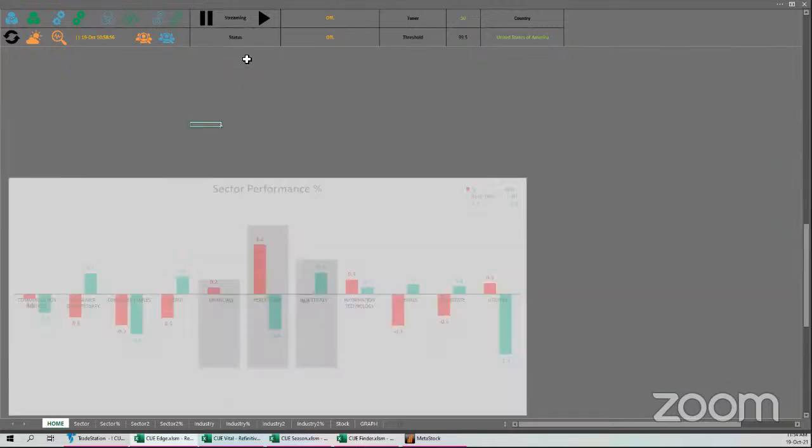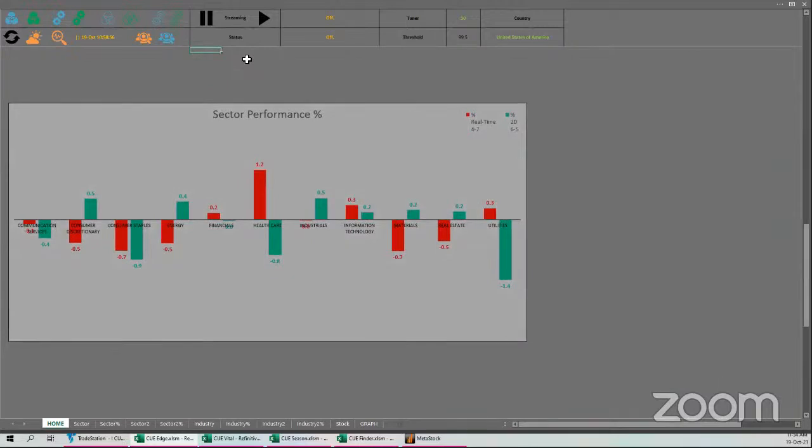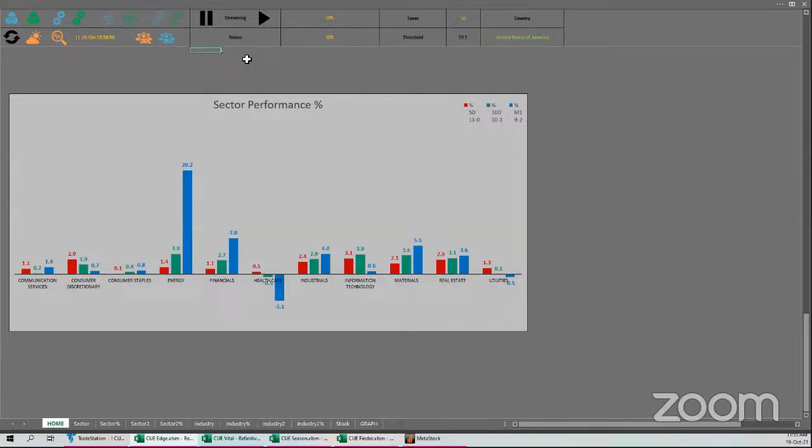And if you scroll down further, you will see the sector performance across different periods. So this is real time and 2-day percentage changes of the 11 primary sectors. If you page down further, you will see 5-day, 10-day, 1 month sector performance.